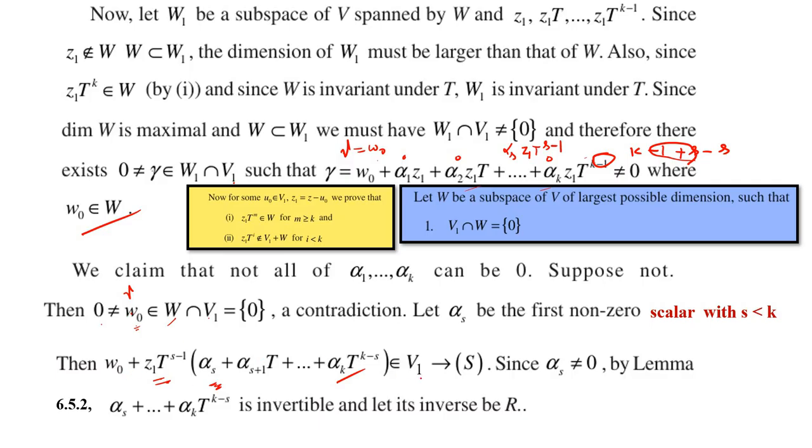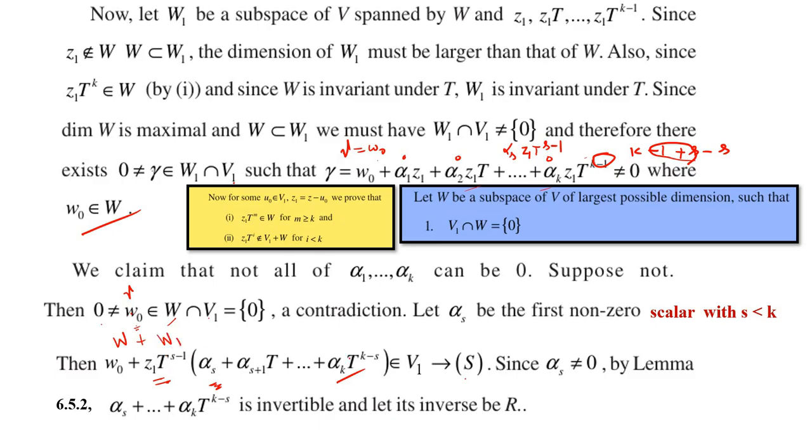Now this belongs to V1. We name this as statement star. Why does it belong to V1? You have your W naught, which is already present in W. And the whole Z1 T power s minus 1, all this, see, this is in W. And Z1 T power s minus 1, these are all in W1.